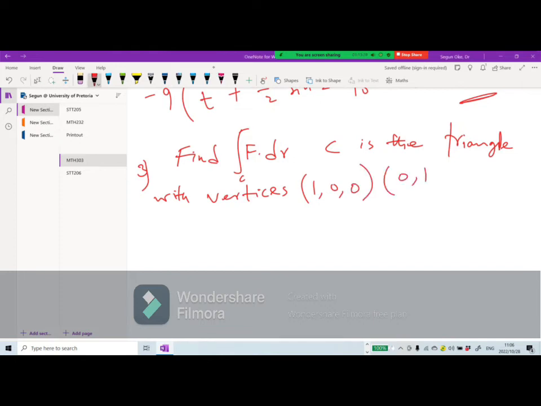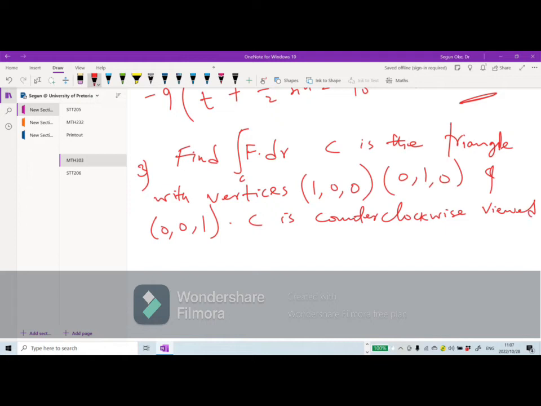So you have 0, 1, 0, and 0, 0, 1. C is counterclockwise viewed from above.